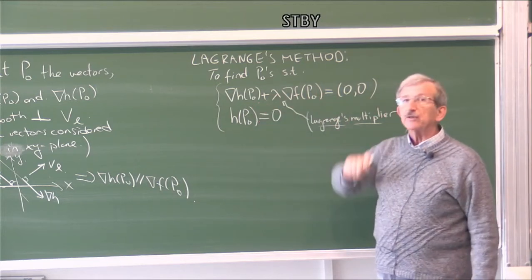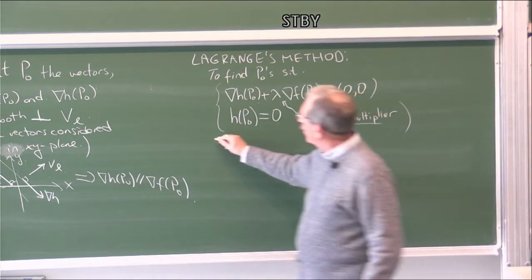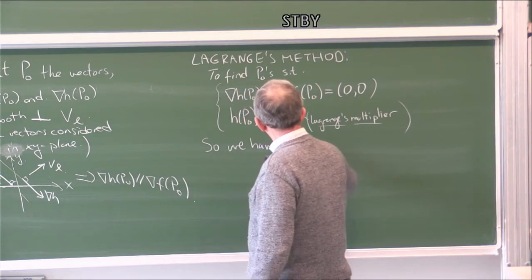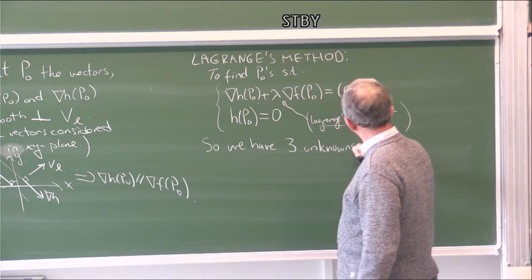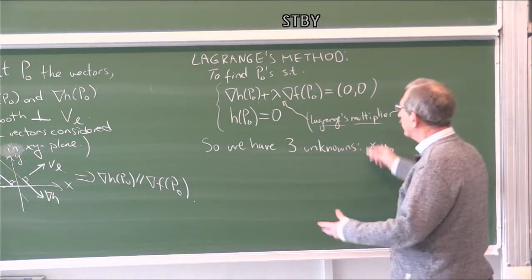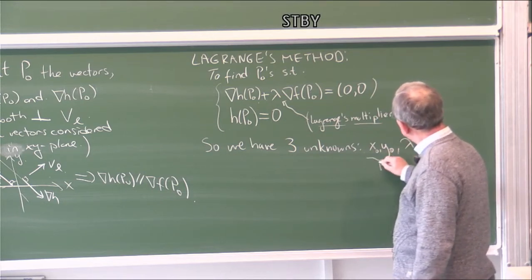And lambda is not known, so we have three unknowns: x0, y0, coming from p0, and lambda.